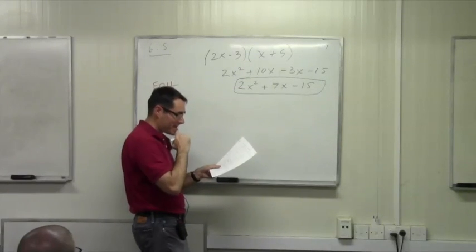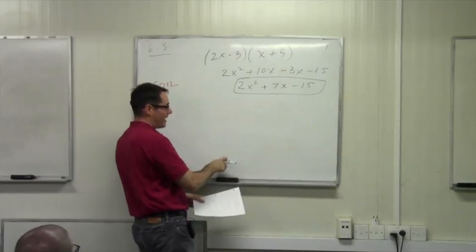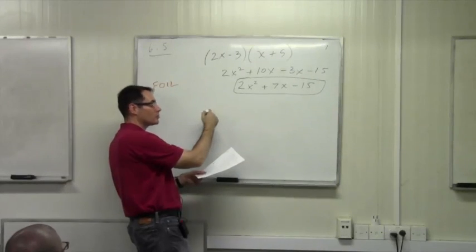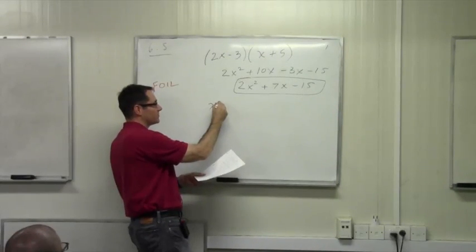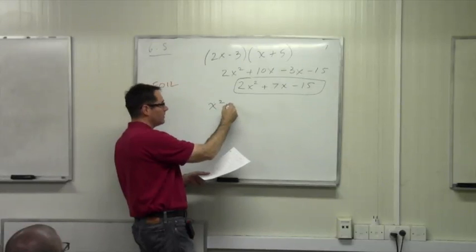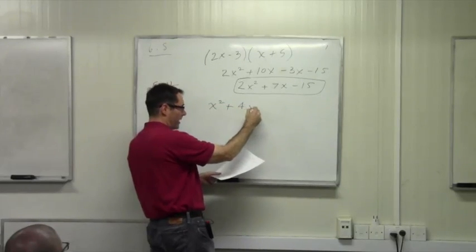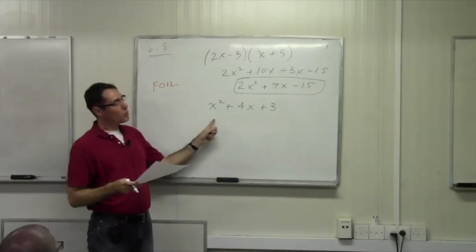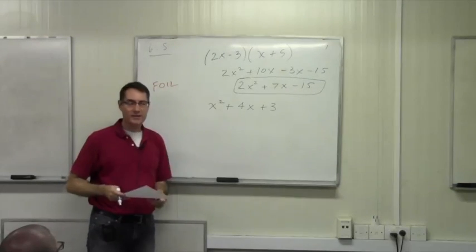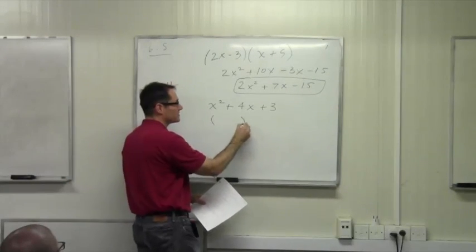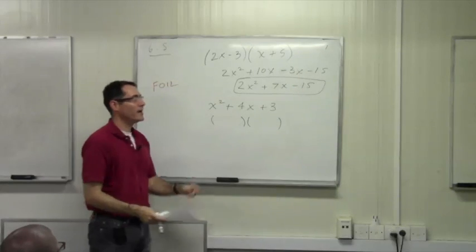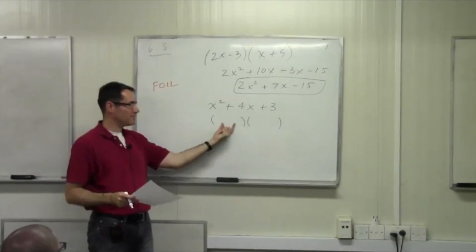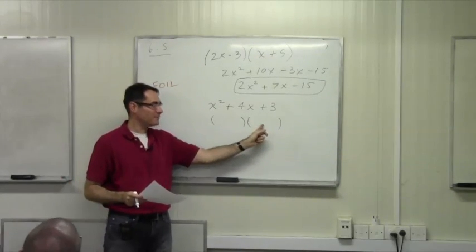If we have a trinomial that looks like this, let's take this one: x squared plus 4x plus 3. We're going to want to find the two factors, and the factors are going to look like this. Always write down the two parentheses, because you're going to have something plus or minus something, times something plus or minus something.